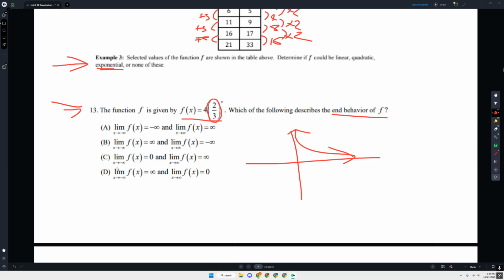Then we see it says negative infinity, which is going towards positive infinity, so we know it's not this or this. And then as x goes towards infinity, it's going towards 0 because of the asymptote over here. So it would be D.